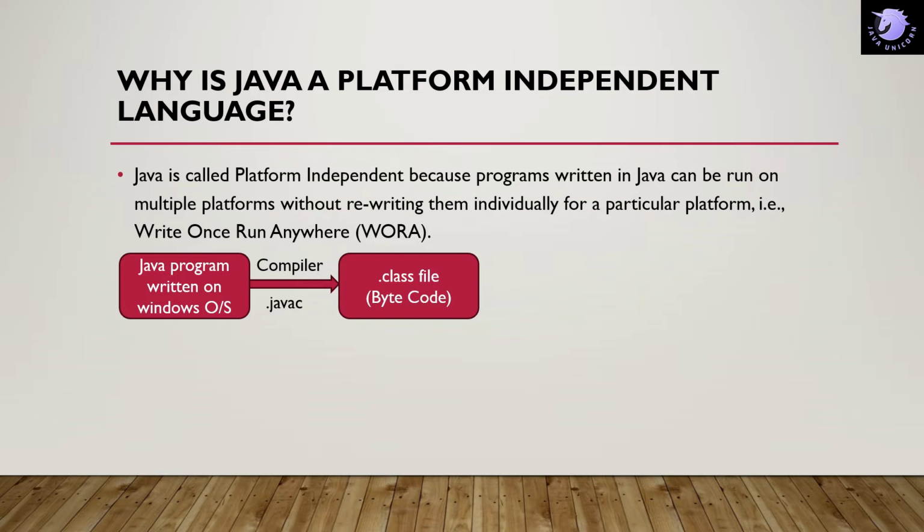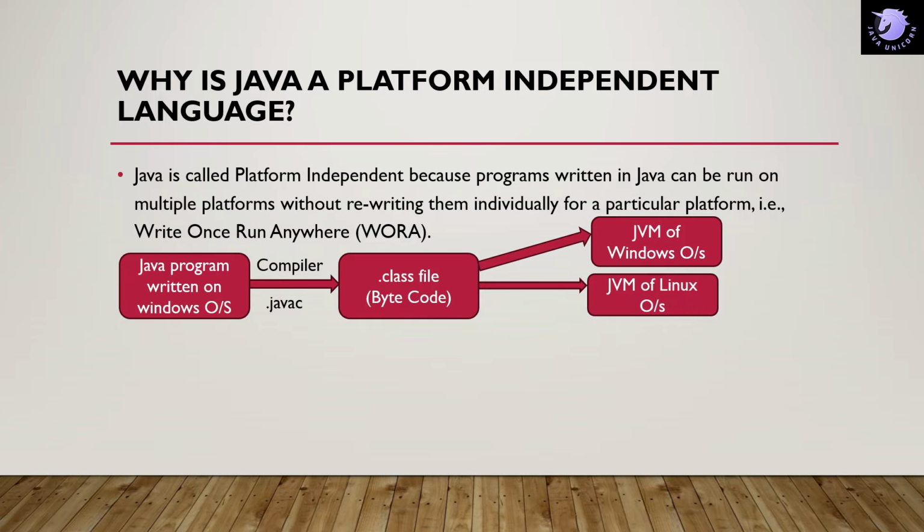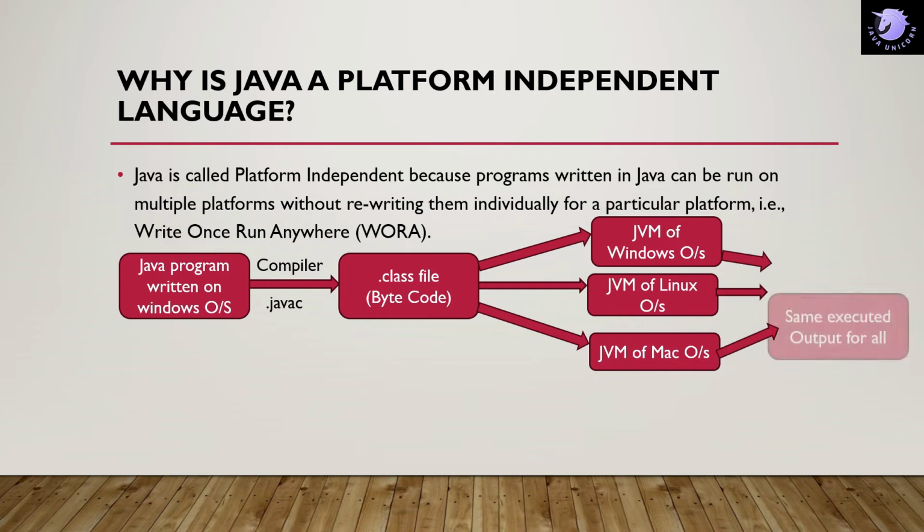Once we have the bytecode, we can run it on Windows, on a Linux operating system, and also on Mac operating system, and the final output will be the same for all of these operating systems. That's why Java is a platform independent language.